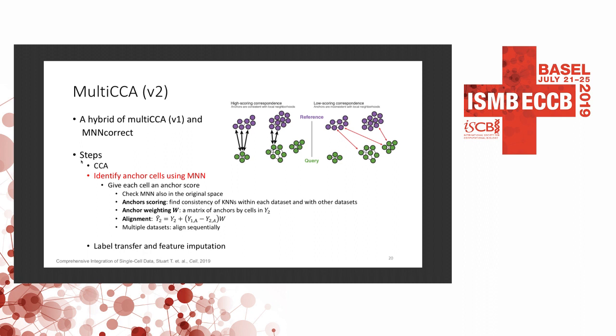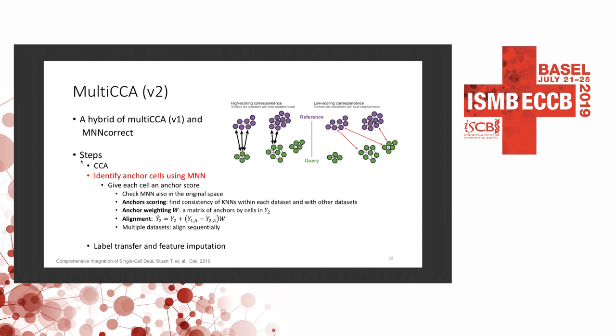They score each cell to determine how likely it is an anchor cell. For example, if these two cells are nearest neighbors to each other, and their nearest neighbors in the second batch are also nearest neighbors, then they think these are similar cells in the other batch, and these are anchor points.